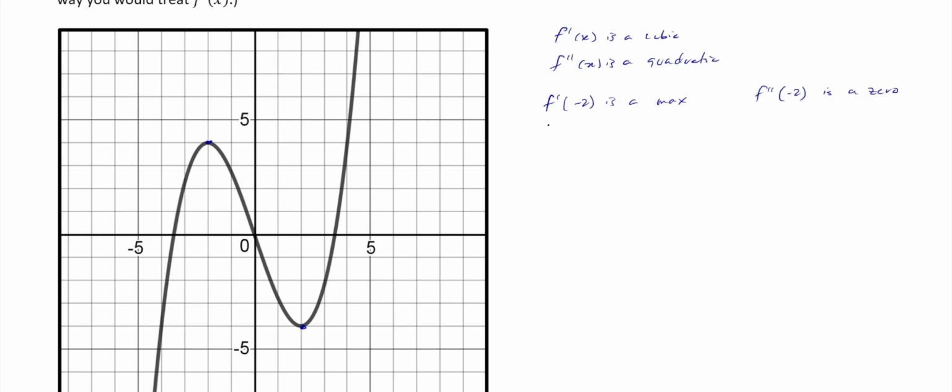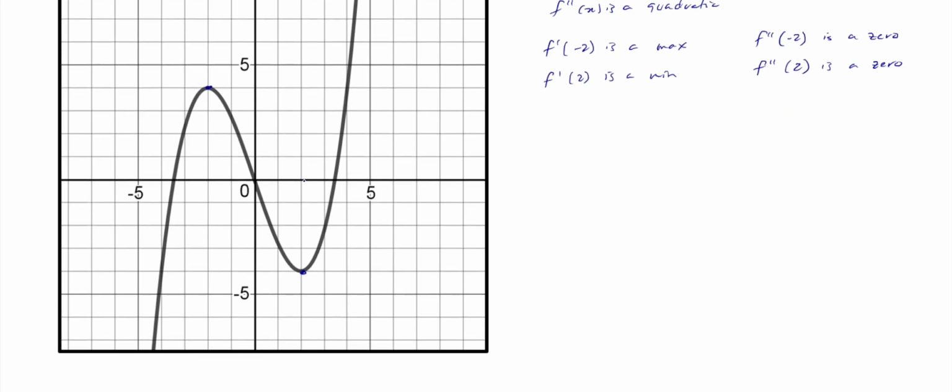And then over here, f prime at 2 is a minimum, so that means that f double prime at 2 is a 0. Okay, so I can put my zeros right here. And then over here, I've got essentially a point of inflection right here. So that means that that should be a max or a minimum.